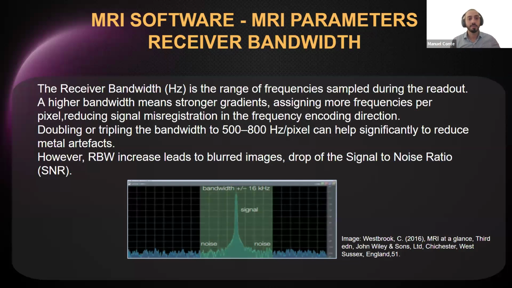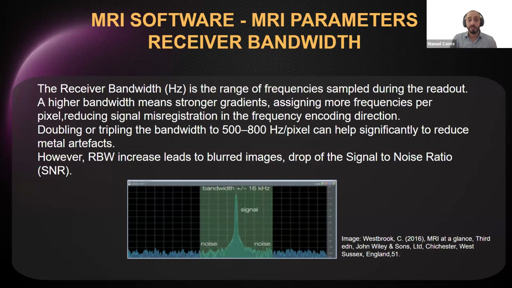When we scan patients with metal implants, we can increase the bandwidth up to 500, 800, and that can significantly reduce the metal artifact. However, if we increase the bandwidth, the images are more blurred and the SNR goes down. So we need to be very careful when we change this parameter.